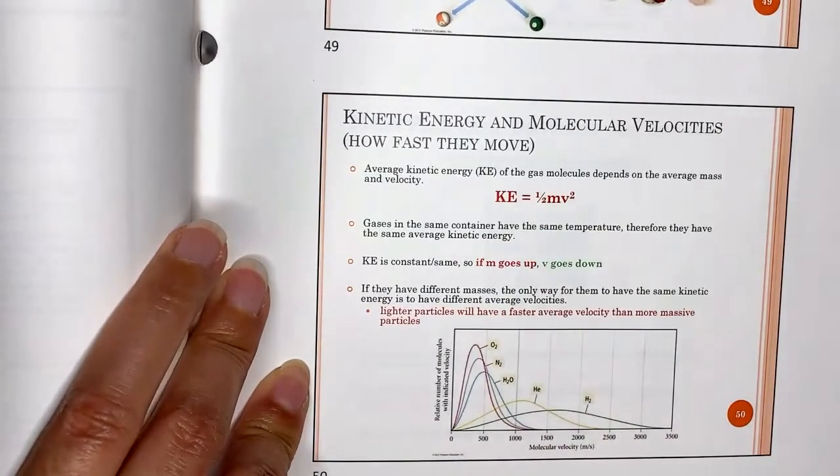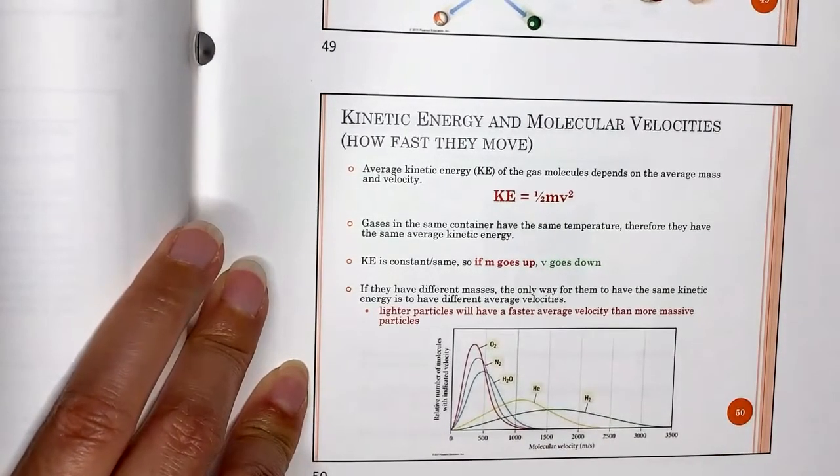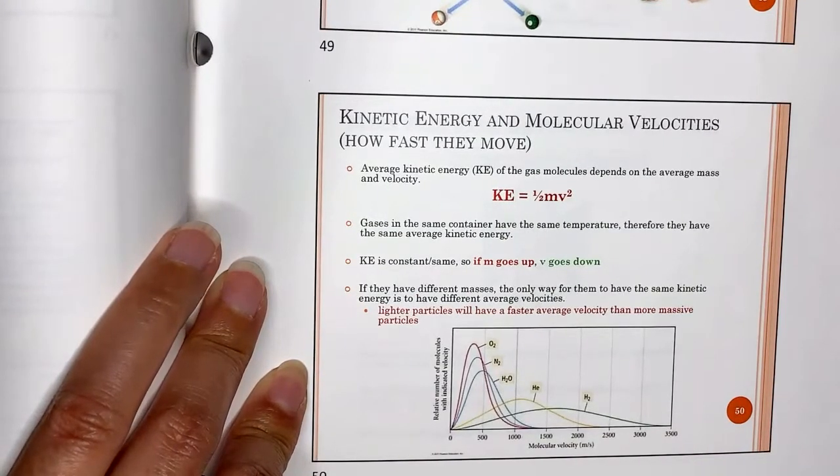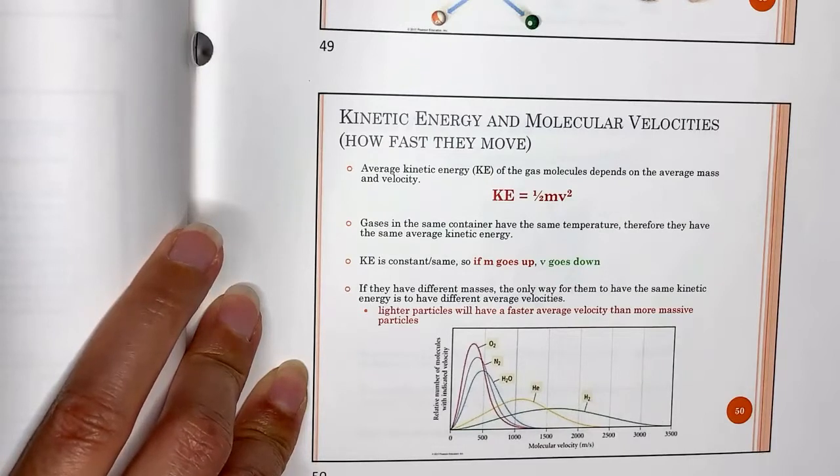So if I have 3 gases at 25 degrees Celsius, that's the same temperature, they all will have the same average kinetic energy. And because they have the same average kinetic energy, the lightest gas, the lowest molar mass, will move the fastest, and the heaviest gas will move the slowest.